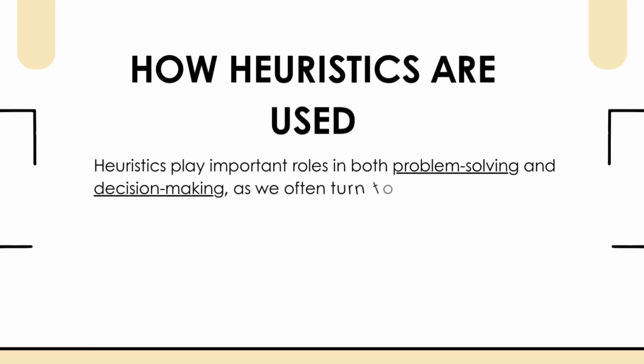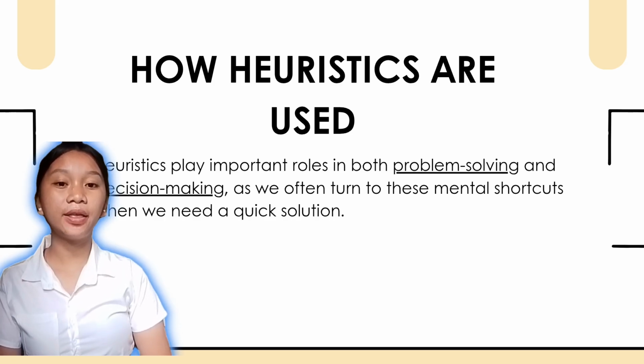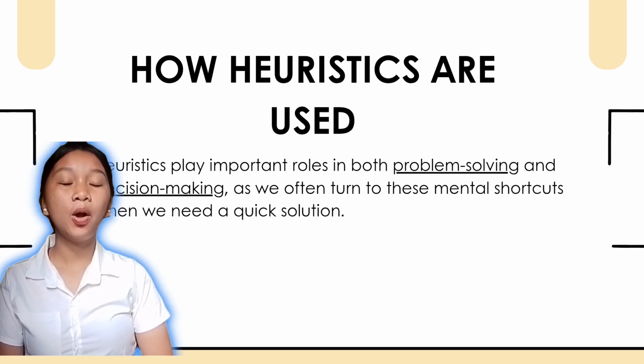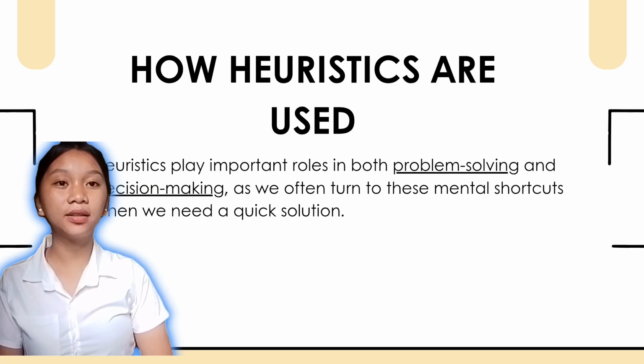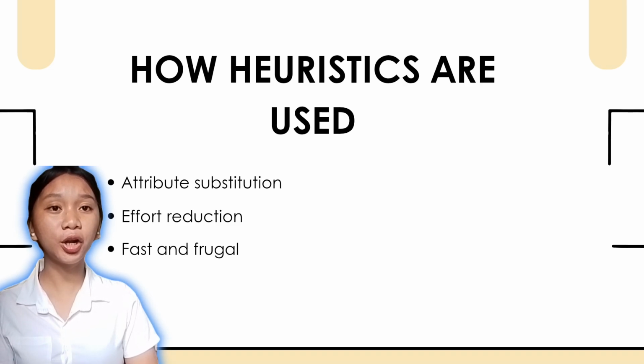How heuristics are used. Heuristics play important roles in both problem solving and decision making, as we often turn to these mental shortcuts when we need a quick solution. Here are a few different theories from psychologists about why we rely on heuristics. First, attribute substitution. People substitute simpler but related questions in place of more complex and difficult questions.